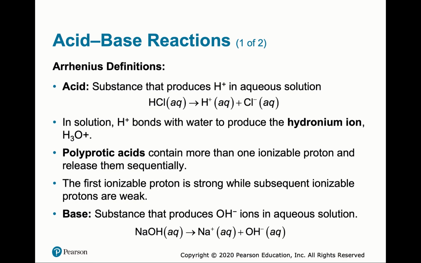So keep that in mind. And usually the first one is the stronger one. So for instance, H2SO4, sulfuric acid, the first hydrogen is strong, the second hydrogen is weak, for instance. And base is something that forms hydroxide ion in aqueous solution. So this is the Arrhenius definition. Arrhenius definition is acid forms H+, base forms hydroxide.